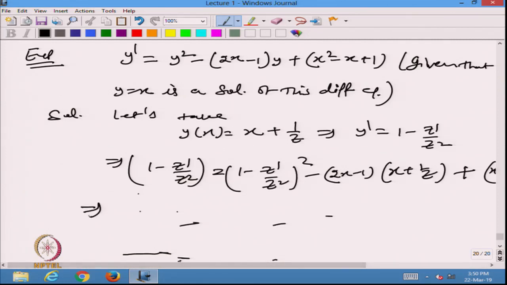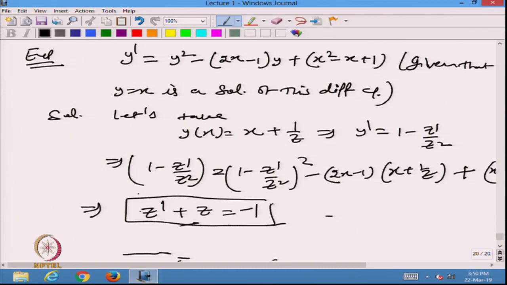This can be further solved, and after doing all the calculation and cancelling the terms, I will get this equation. This is a first order linear differential equation which can be solved further.